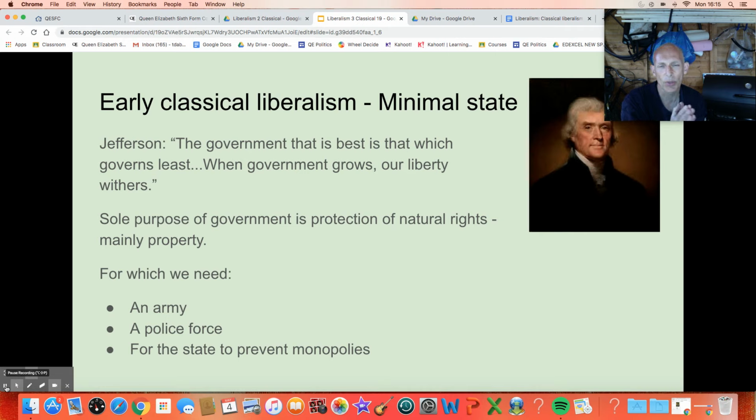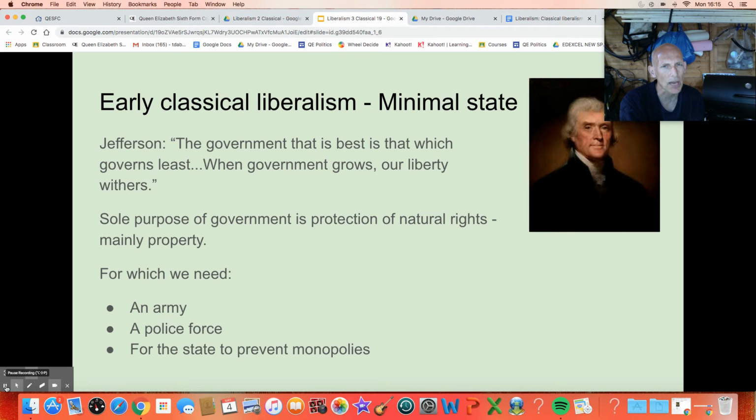And you also need to make sure that there is a rule of law, and that therefore the state can't take away your property from you, and the state is more or less checked itself. We should say, I suppose, as well, that the state should stop other people who've got more power from acquiring too much power themselves. So there's some provision for regulating monopolies.